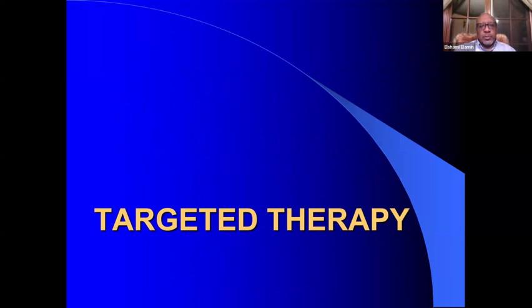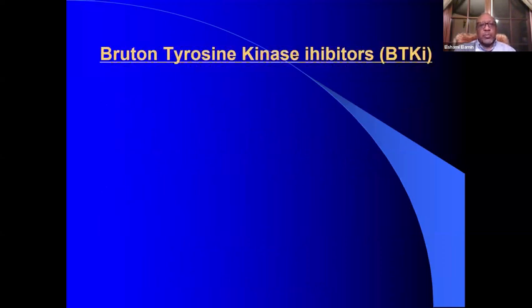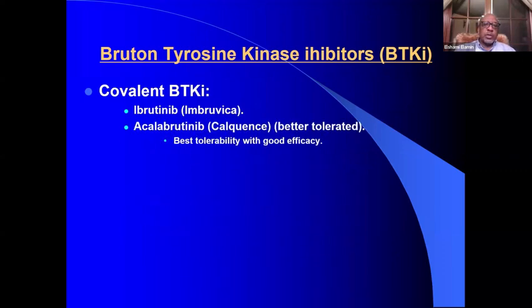So targeted therapy: BTK, Bruton tyrosine kinase inhibitors. There are a couple of them. There are 4 actually now. The covalent BTK inhibitor ibrutinib was the first, and next was acalabrutinib, or Calquence. It's better tolerated.